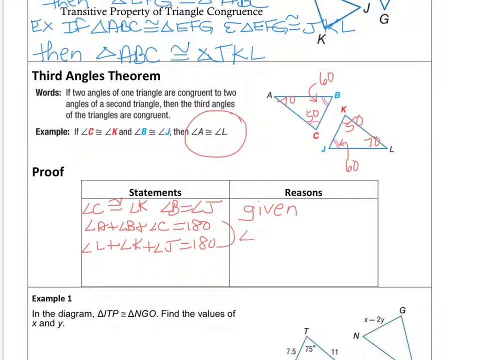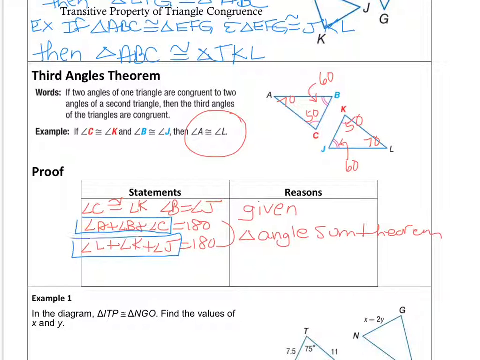This is called the triangle angle sum theorem, which we've been using for a while now. Now, if this equals 180 and this equals 180, they equal each other. So we have angle A plus angle B plus angle C equals angle L plus angle K plus angle J.